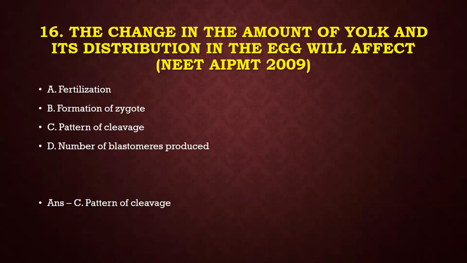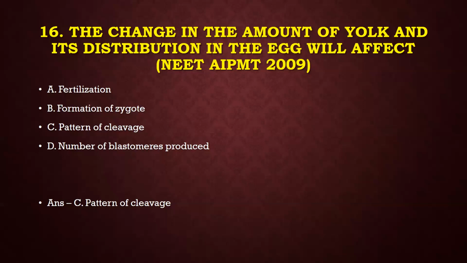meroblastic cleavage, the segmentation lines do not completely pass through the egg and remain confined to part of the egg. Hence, it does not divide the egg completely. The egg in this type of cleavage contains a large amount of yolk, as in insects and birds, whereas holoblastic cleavage has less or moderate yolk, as in human and frog eggs.